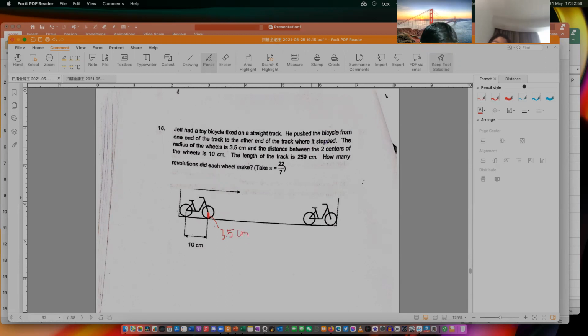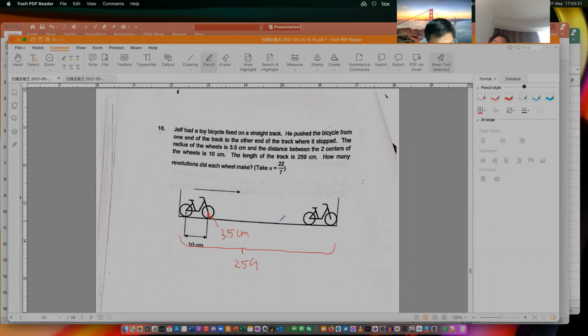And the distance between the two centers of the wheel is this. Okay, good. The length of the track means this, 259.